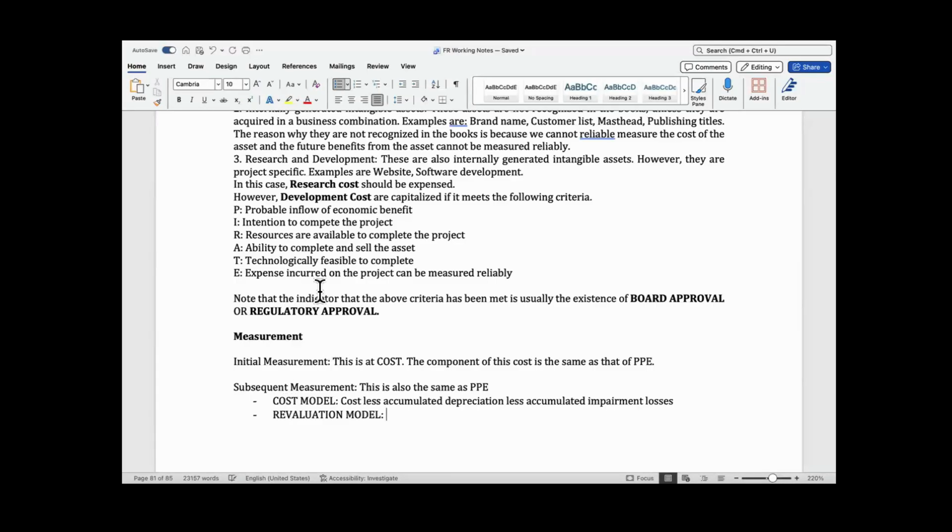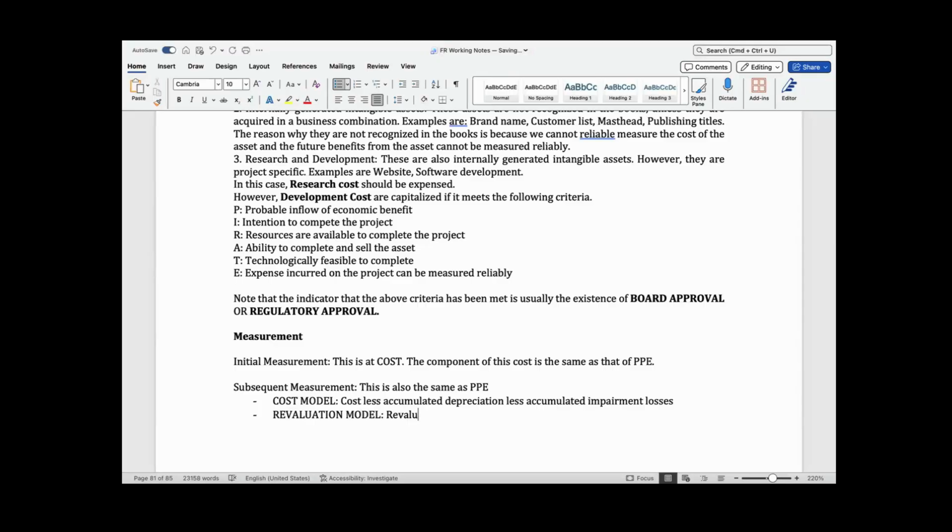What about revaluation model? What's revaluation model? Is it that you want to go and quickly open your note or what? No. Revalue the amount, less accumulated depreciation and accumulated impairment.